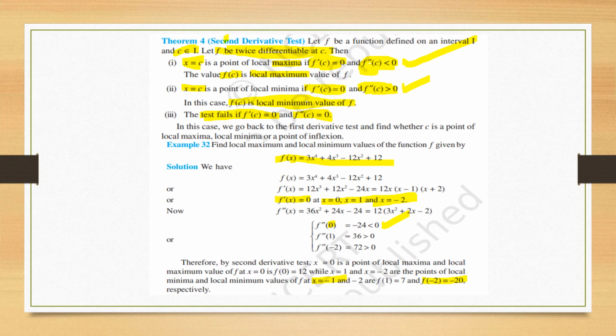This is how I will get the respective values of local maxima and minima.